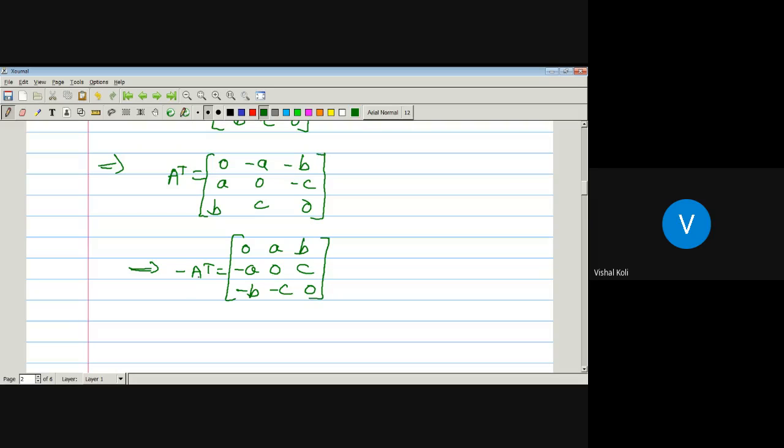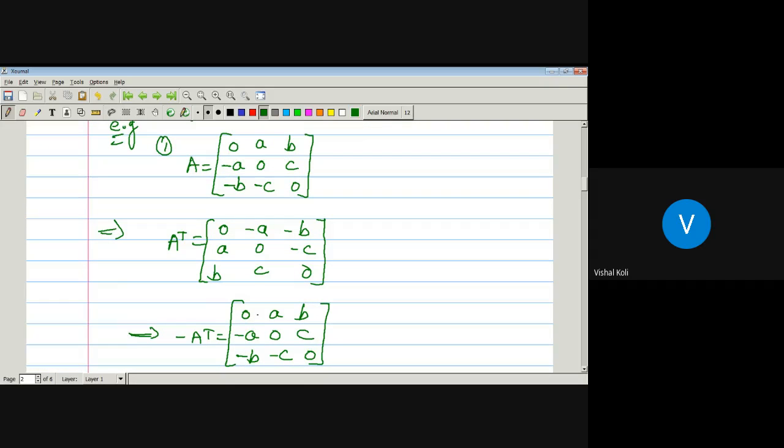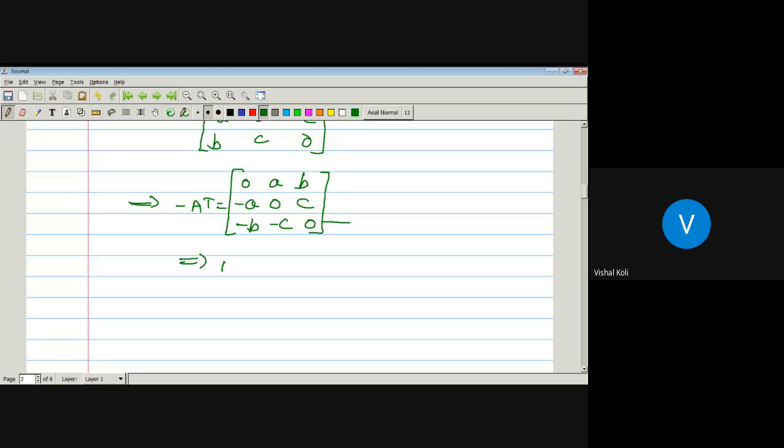Now check whether minus A transpose is equal to A or not. Here minus A transpose has first row 0, a, b, second row minus a, 0, c, and third row minus b, minus c, 0. So A is equal to minus A transpose, which implies A is a skew symmetric matrix.